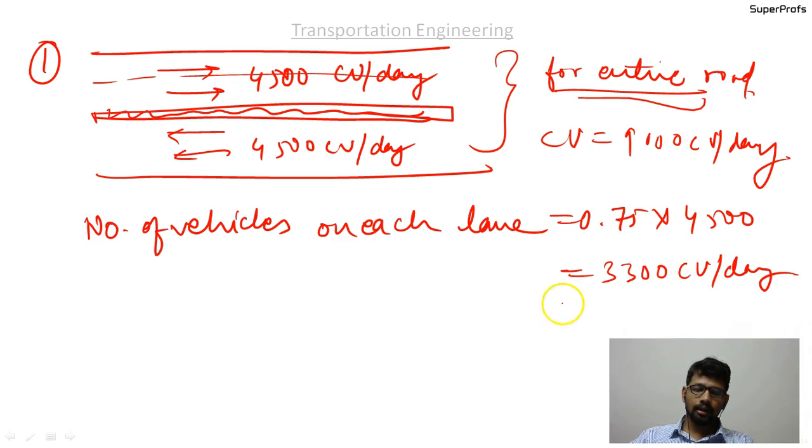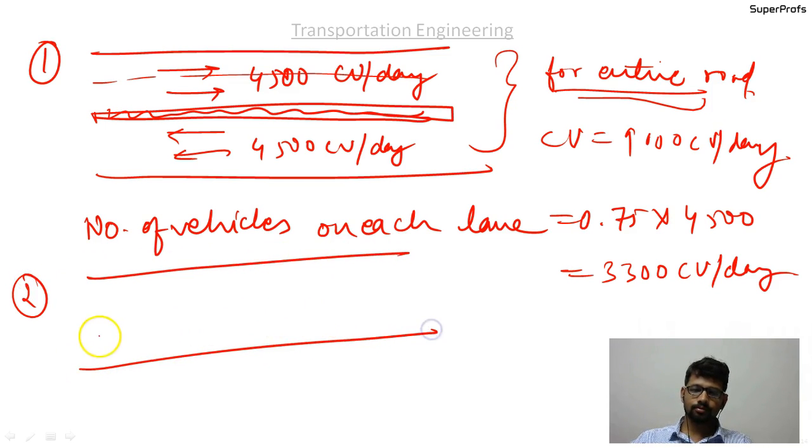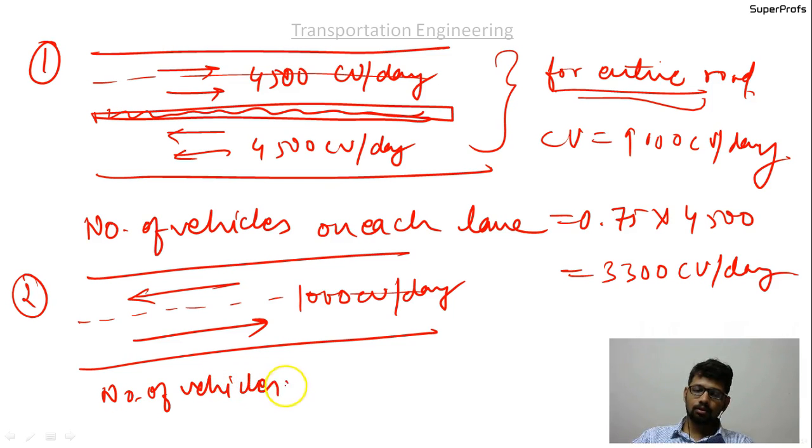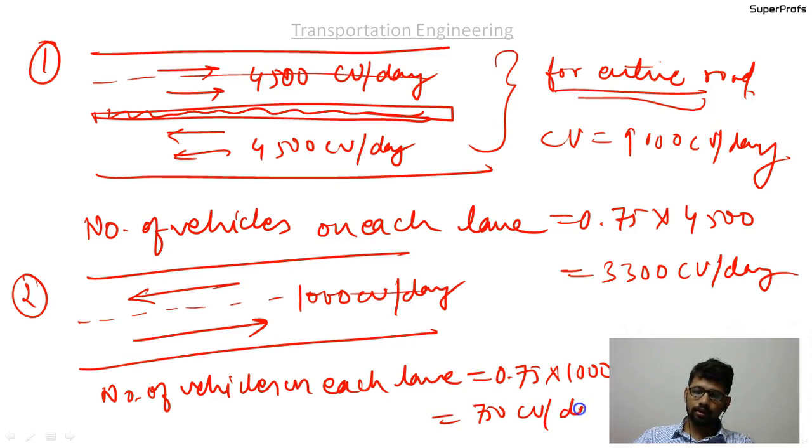But if the case was of this kind, where the road is of this kind and vehicles are moving in this way and in this way, and suppose there are 1000 commercial vehicles per day, the number of vehicles on each lane will be equal to 0.75 into 1000, which is equal to 750 commercial vehicles per day.